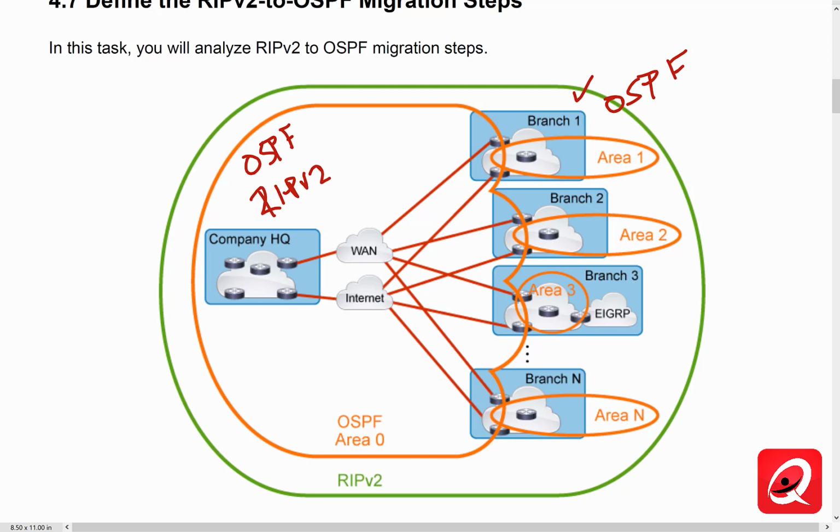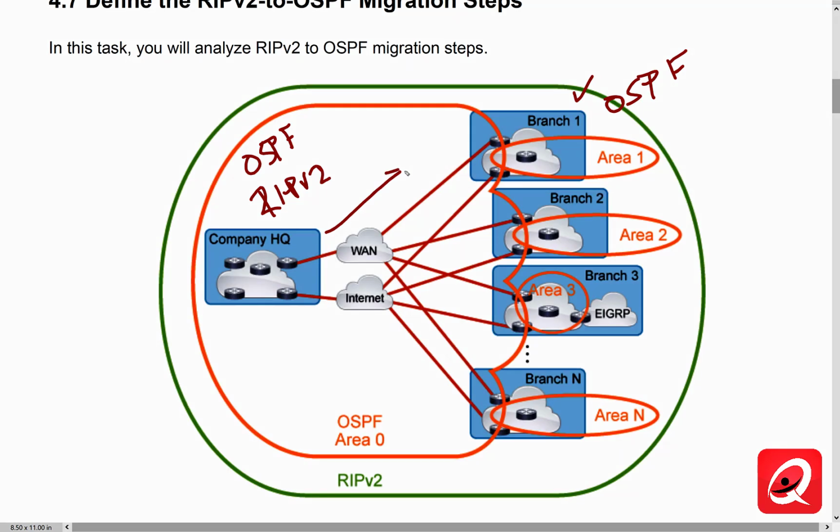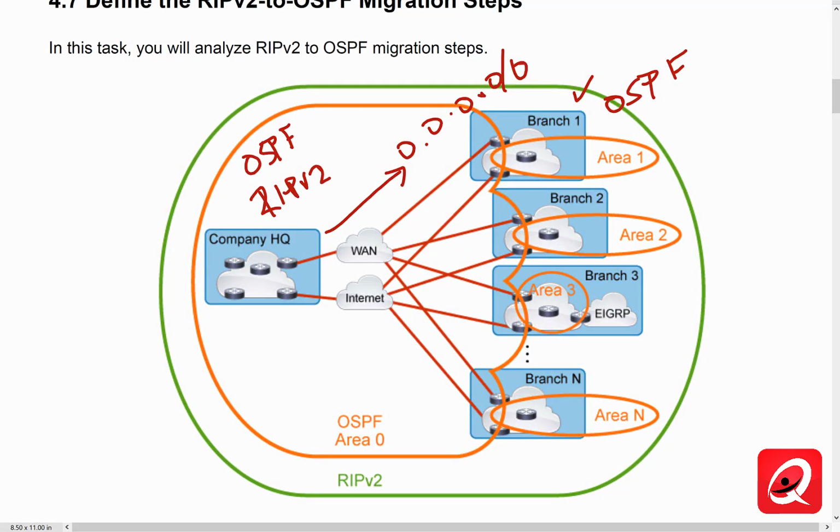Whatever routes I learn through OSPF will have an administrative distance of 110. We've already decided that's going to be the quad 0 route, right? And of course, branch 1 is going to be advertising summary routes to HQ.